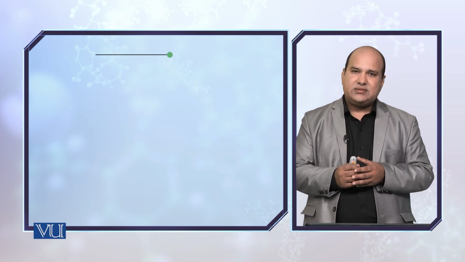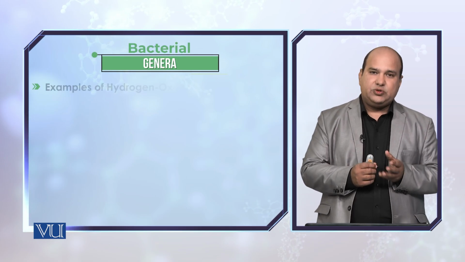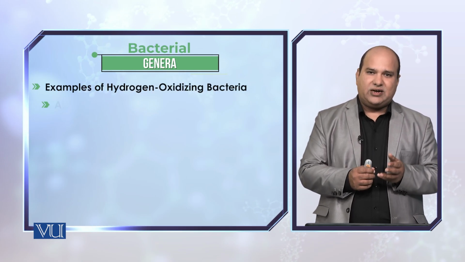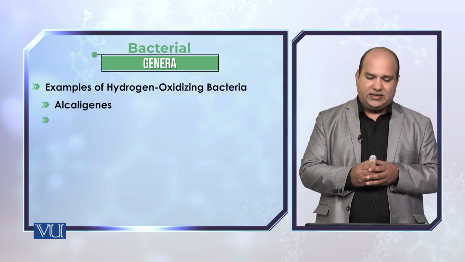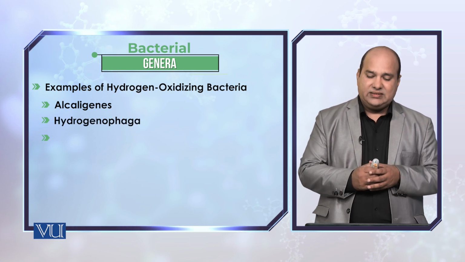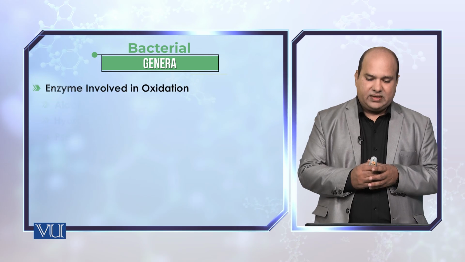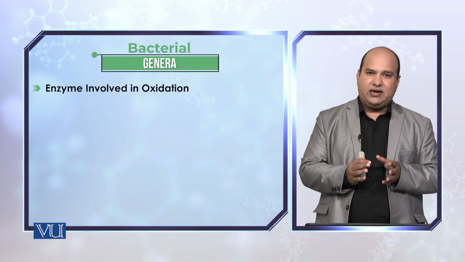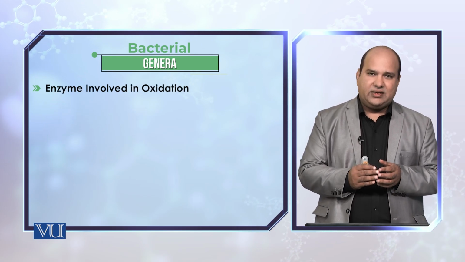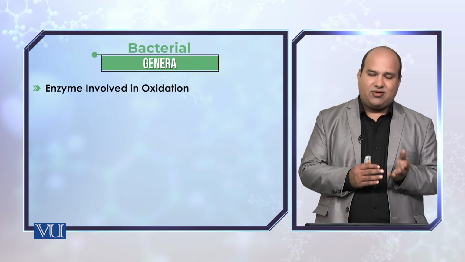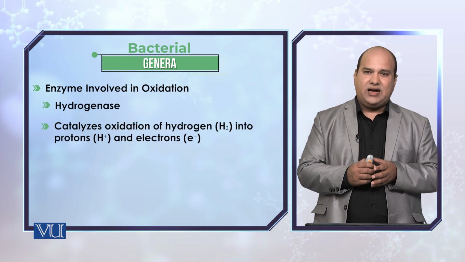The microorganisms which oxidize hydrogen for the production of energy are Alcaligenes, Hydrogenophaga, and Pseudomonas. The enzyme which facilitates this oxidation process is known as hydrogenase.